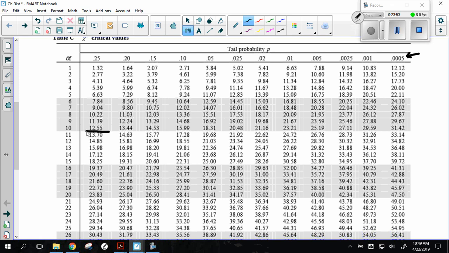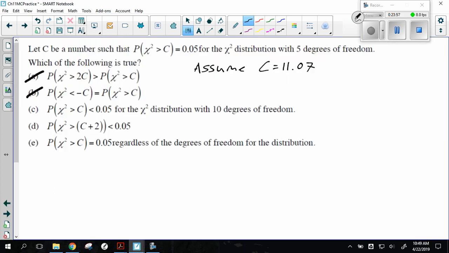Well, a value of 11.07 is going to be a probability much larger. So it is definitely not less than 0.05. It's going to be larger. It's not even on the table, so it's a huge probability.